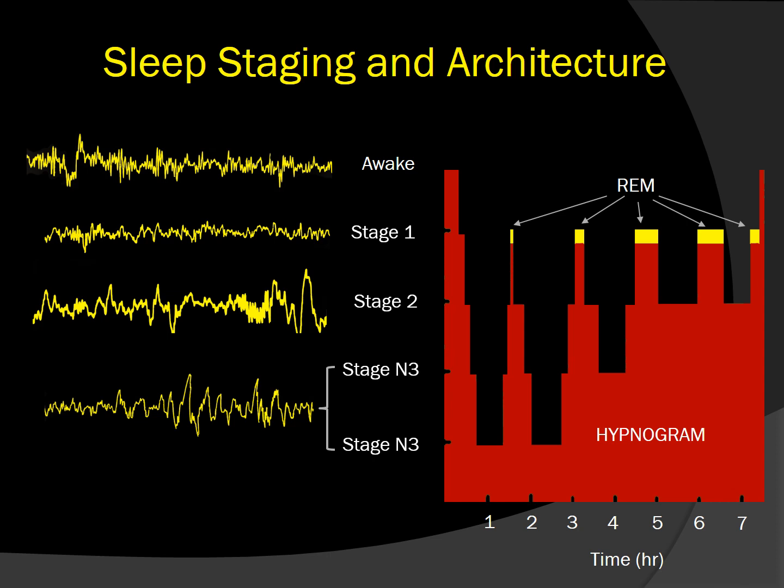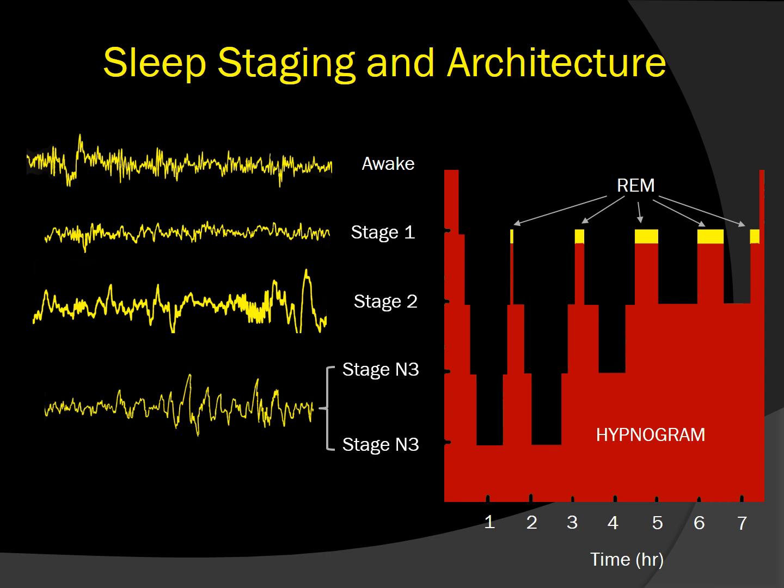Now, a typical distribution of the stages is reflected on the right side of this page on this diagram known as a hypnogram. In this particular depiction, you will see that there are maybe 4 to 5 cycles that one might attain through an 8-hour period of sleep.